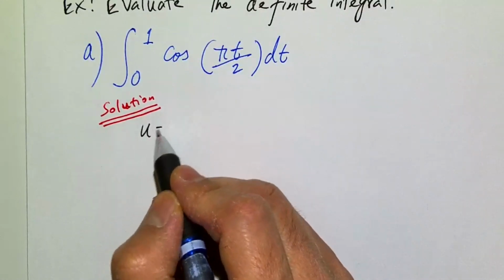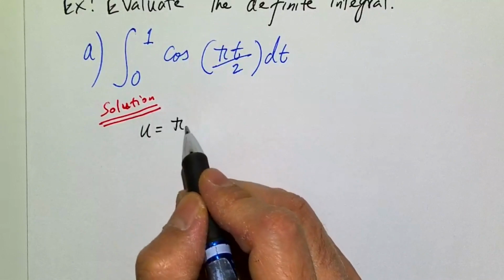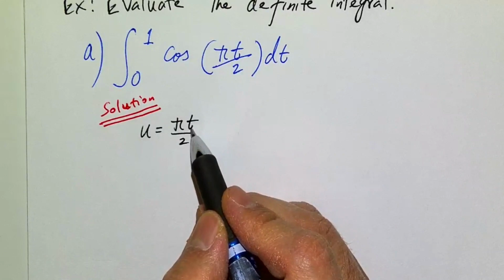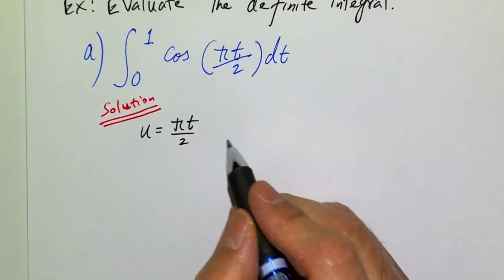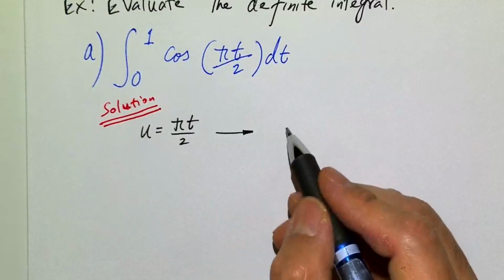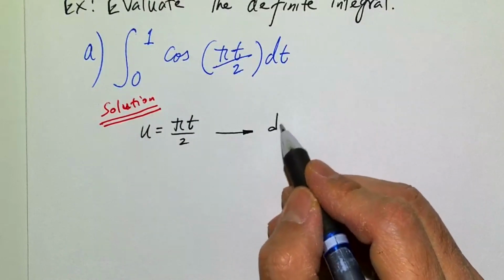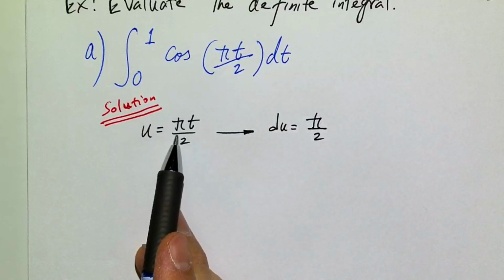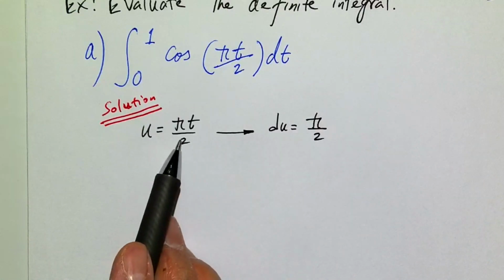Okay, so u is equal to pi t over 2, t being the variable, pi over 2 is just a constant, then we have du should be pi over 2, right? If this was 2t, the derivative would be 2.